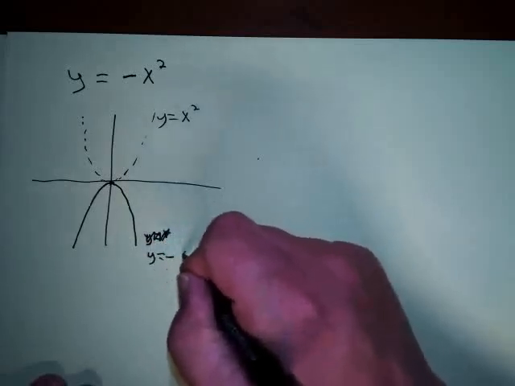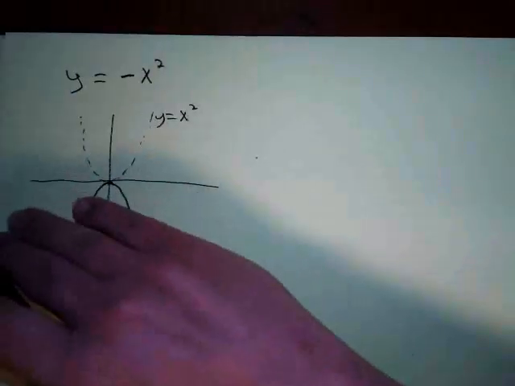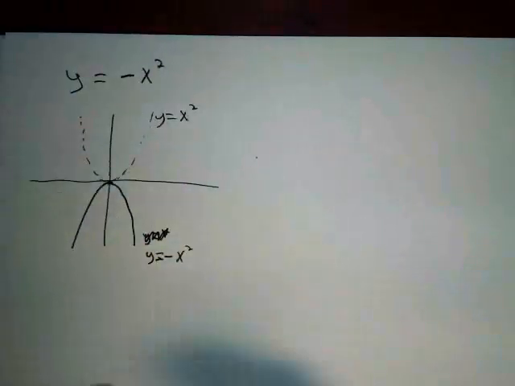Y equals negative x squared. Okay, so that's kind of a flip through the x-axis.